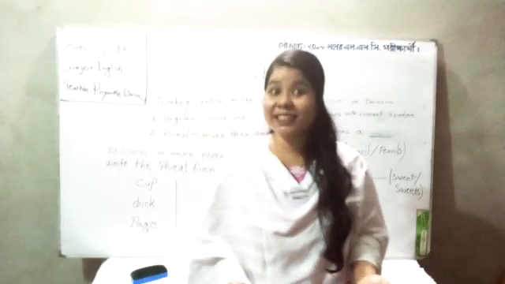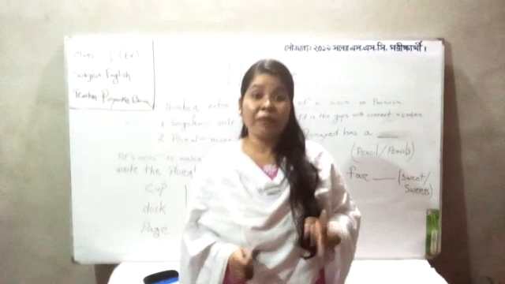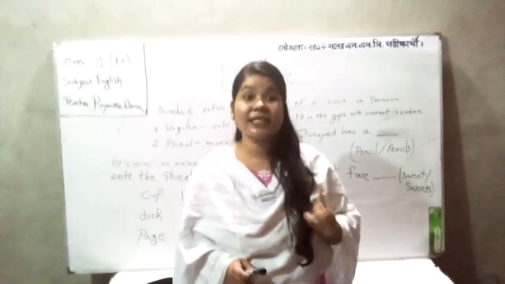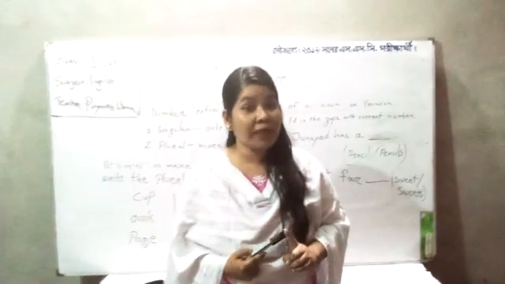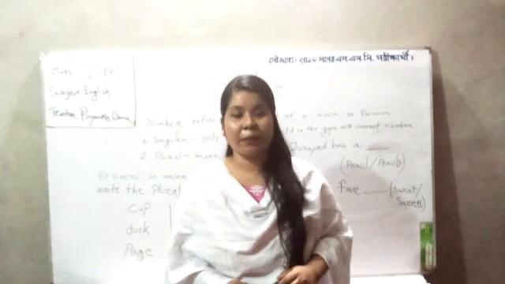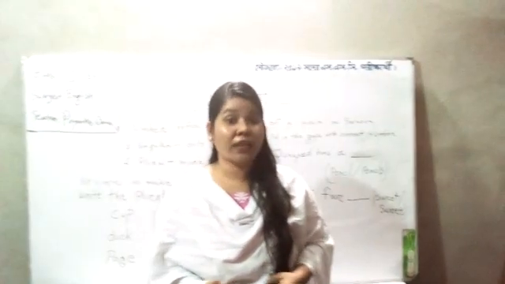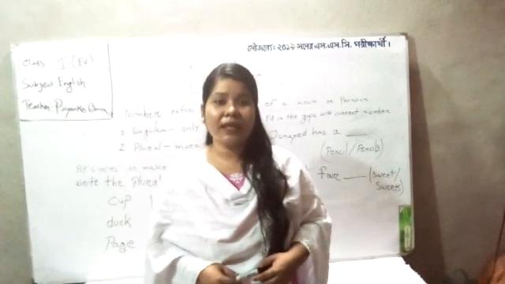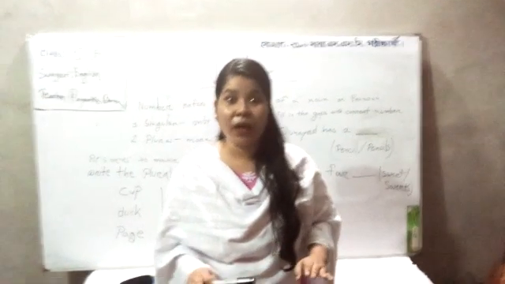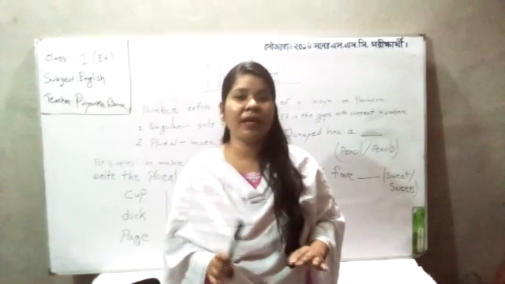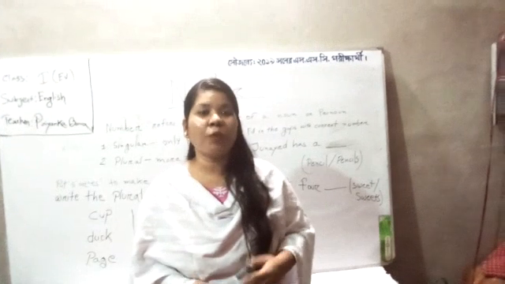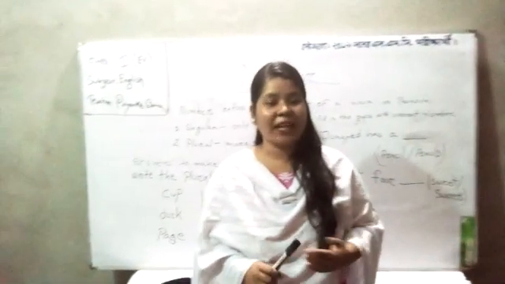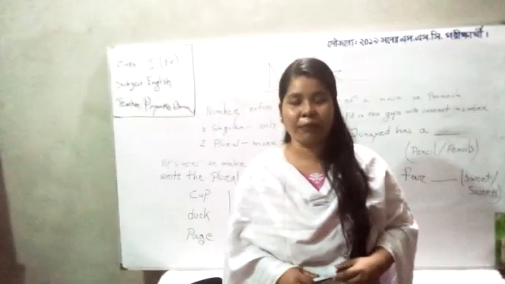As we know, what is singular number? Singular number means it indicates a single thing. That means single means only one thing, and plural means more than one, two or three. It can't be only one, it has to be more than one. Okay, then it will be known as plural number.